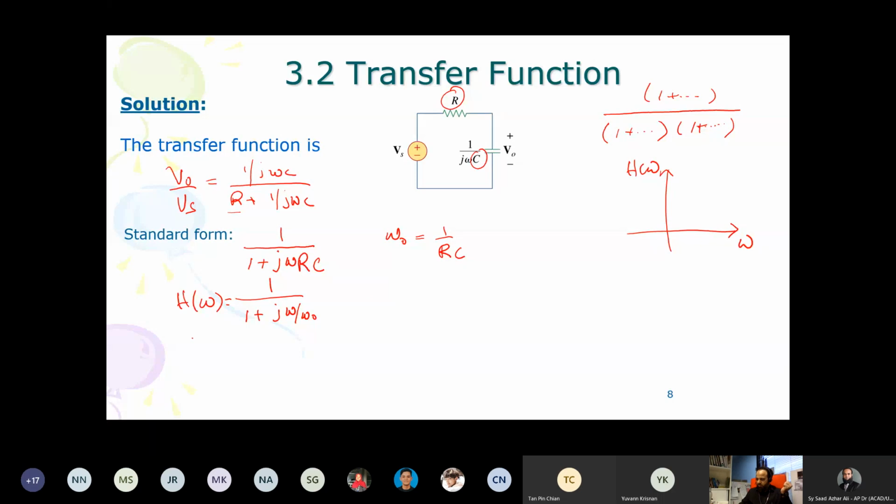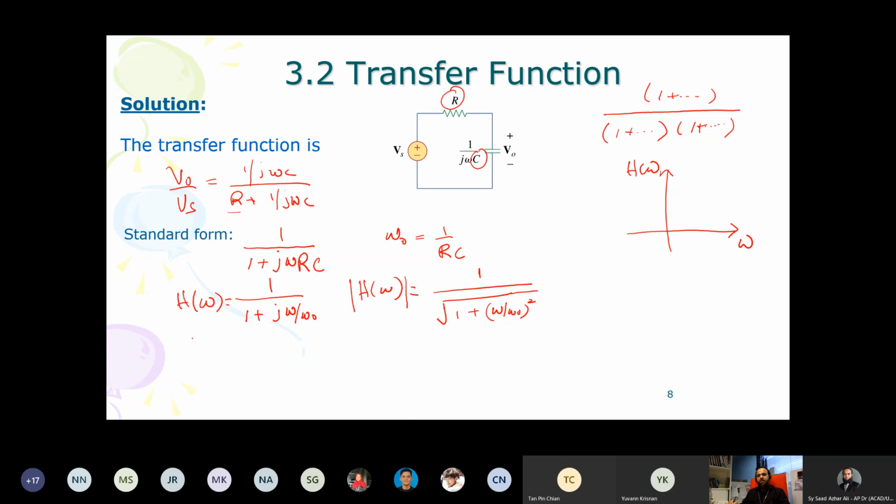If we are looking for the magnitude of H of omega, remember magnitude is the Euclidean norm, the square root of the real and the imaginary part squared. So in this case it will be square root of 1 square plus the imaginary part, omega upon omega naught, square. This is the magnitude.